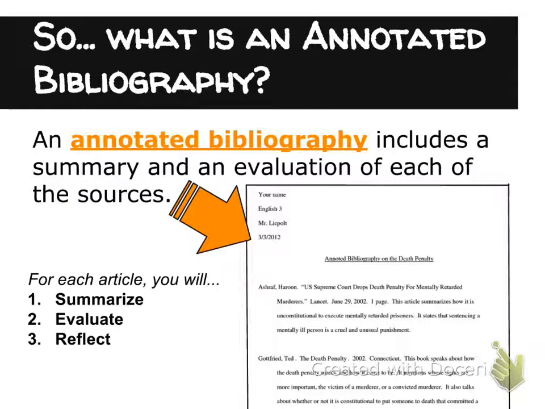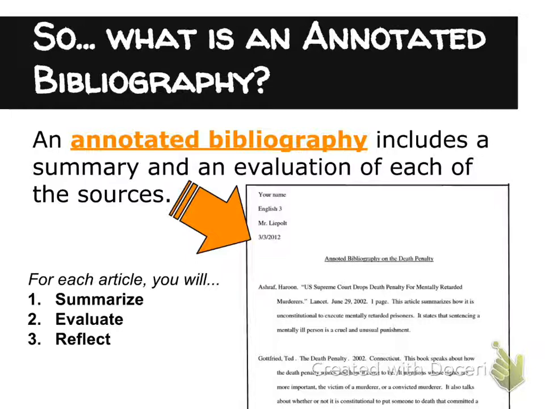The purpose of the annotated bibliography is to list the sources that you're using for your research. It could be a book, an article, a website, but then you follow it with a brief description and evaluation paragraph, which is called the annotation. The purpose of the annotation is to inform the reader of the relevance, accuracy, and quality of the sources that you're using.